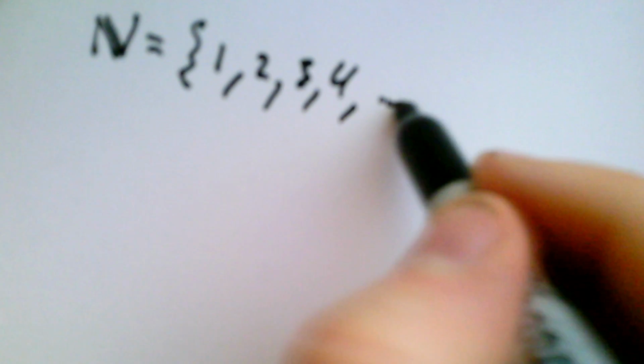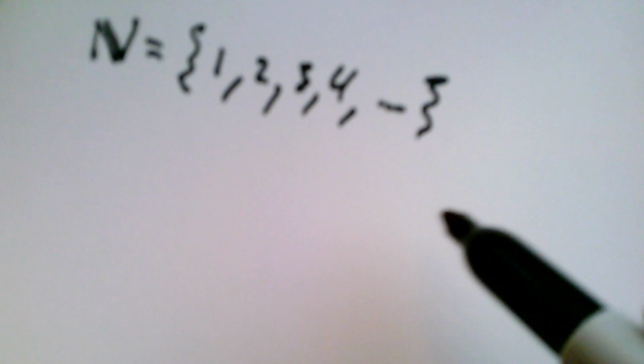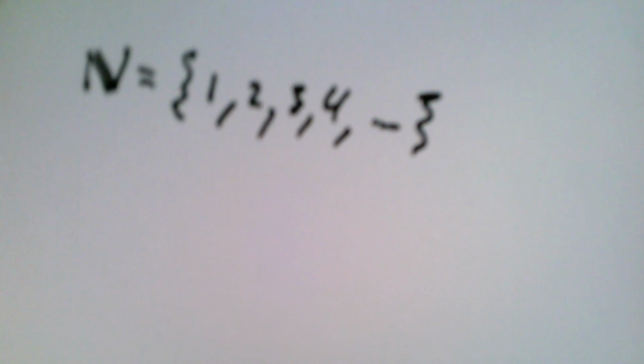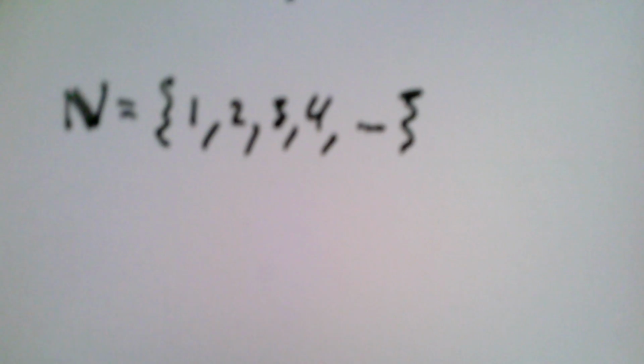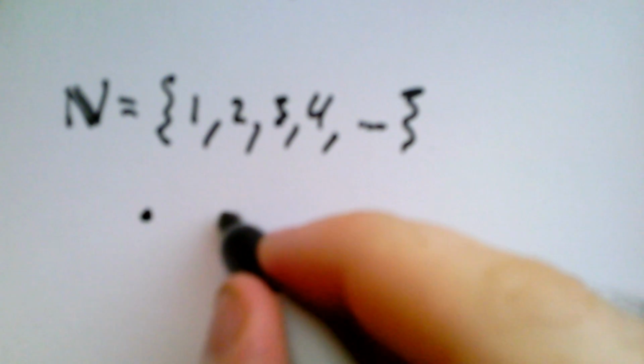N, of course, is equal to the set 1, 2, 3, 4, and so on. All of these points are separated from each other like this in our space.